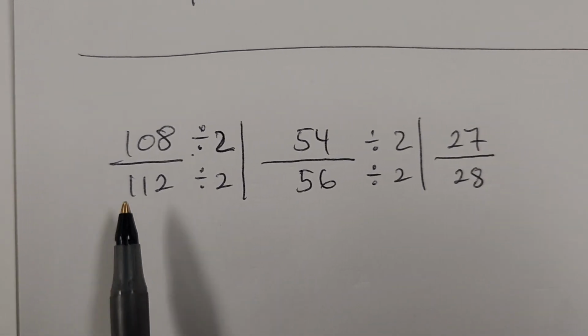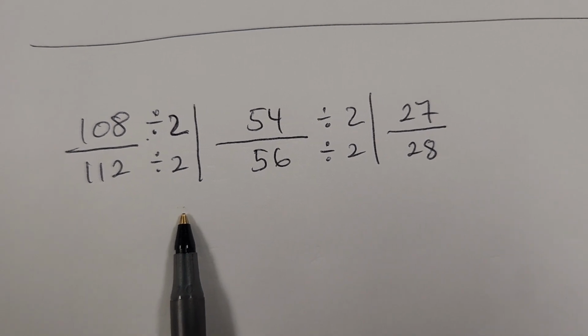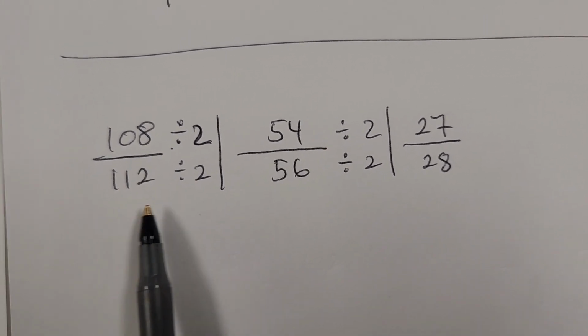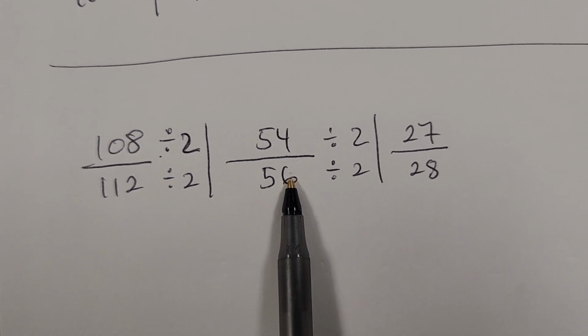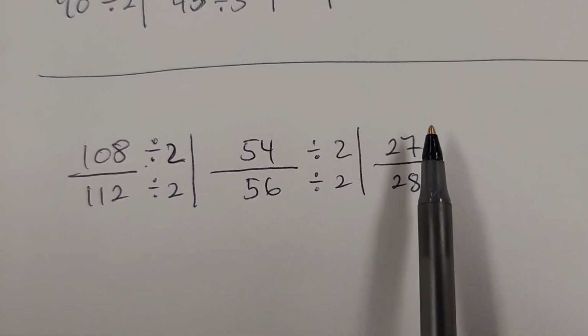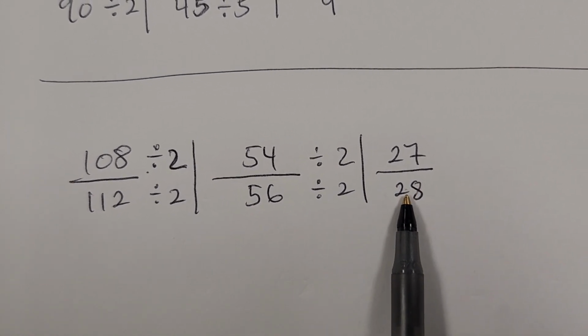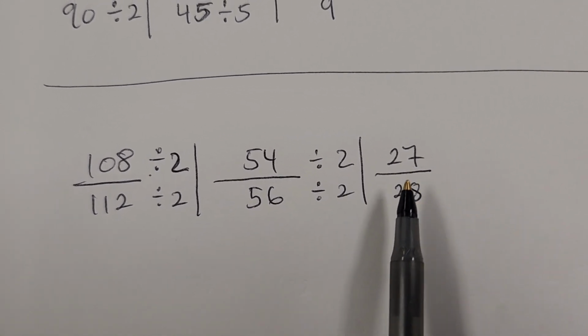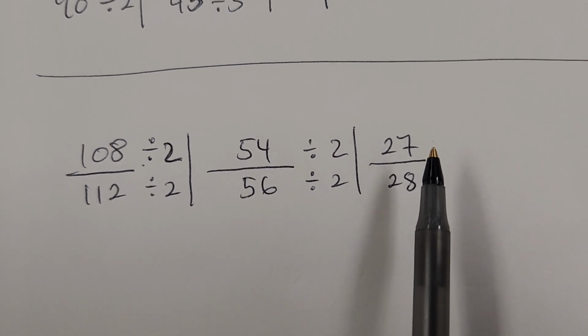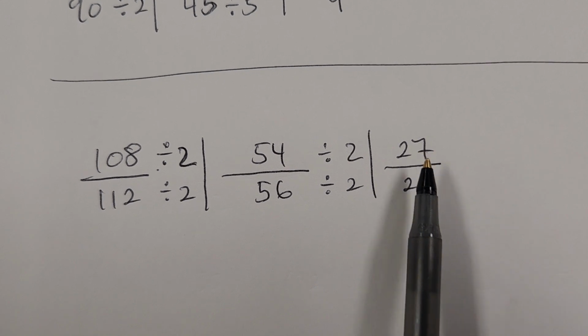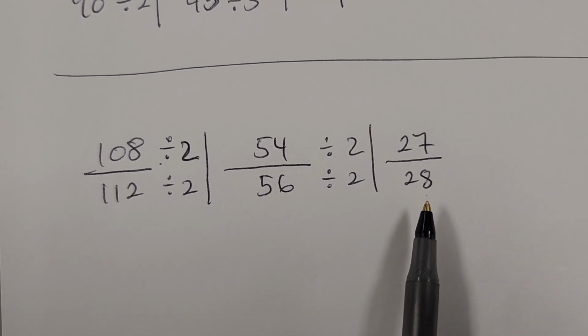So here's the work. I started out with 108. I divide by 2, gives me 54. Divide by 2 gives me 27. Same thing in the bottom, I divide by 2 and that gives me 56, divide by 2 again and that gives me 28. And this right here, you cannot go any further because there's nothing you can divide. 2 cannot divide, 3 cannot divide, and so on.